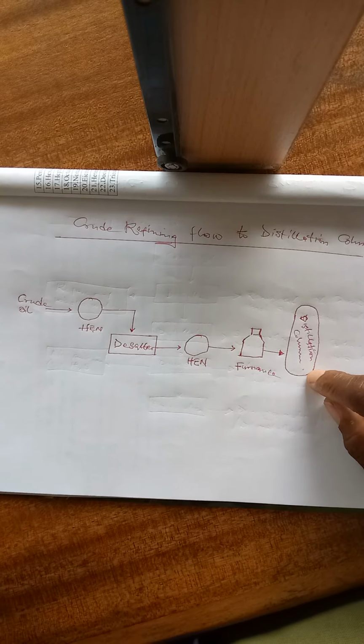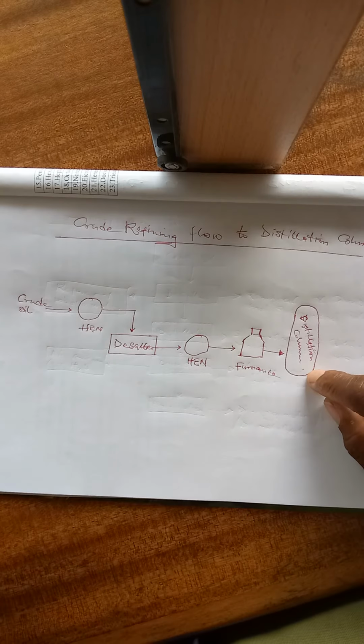Let's look into desalting. Desalting, by definition, is a process of removing dissolved salts out of the crude oil, in order to avoid corrosion, fouling, and so on.